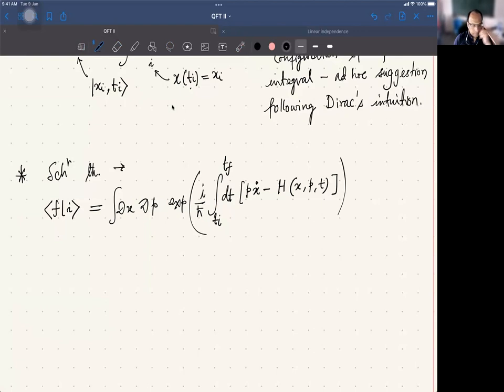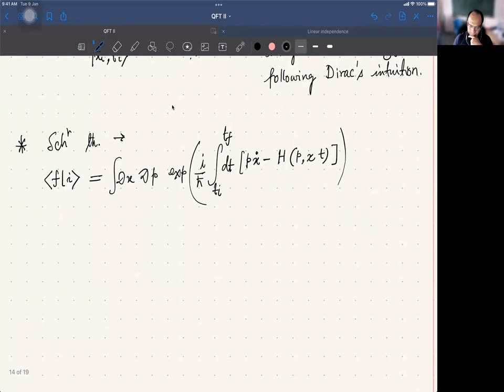Let me write it not as xp but as pxt. It doesn't matter, but here h pxt is given by the matrix element of H between P and X eigenstates divided by the P-X overlap.